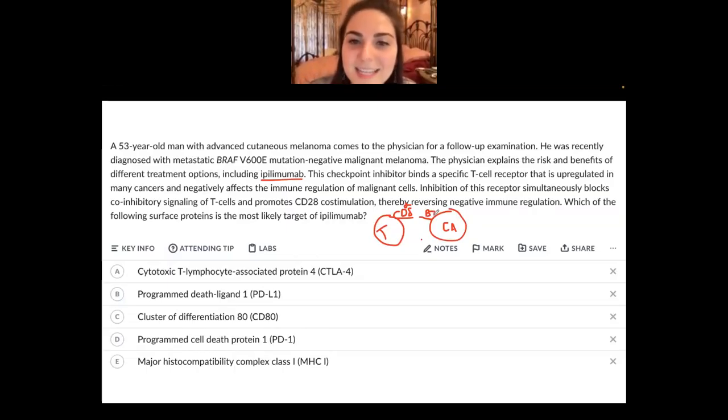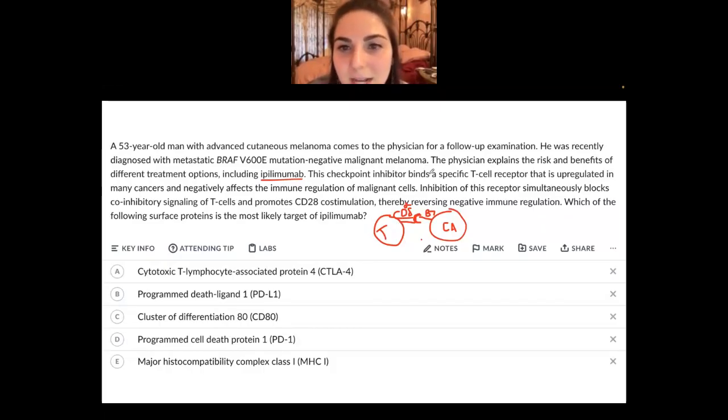But remember what we talked about? This checkpoint inhibitor binds a specific T cell receptor that is upregulated in many cancers and negatively affects immune regulation. So these cancer cells can trick these T cells into upregulating a blocker of B7. Guys, remember what that one was? It's basically like the cancer cell is saying, you should upregulate this.